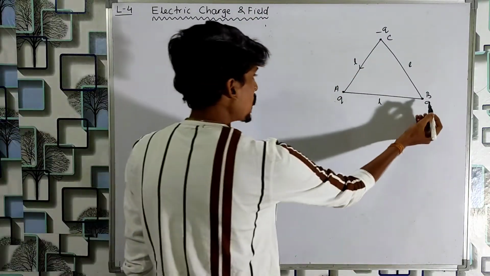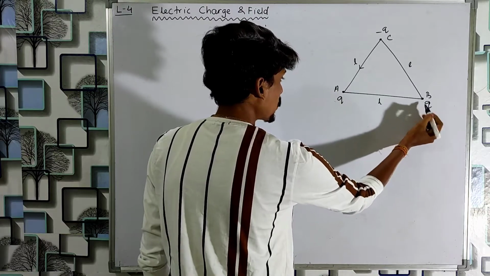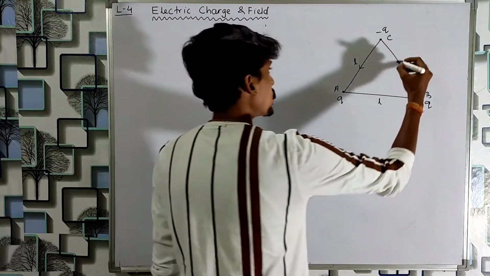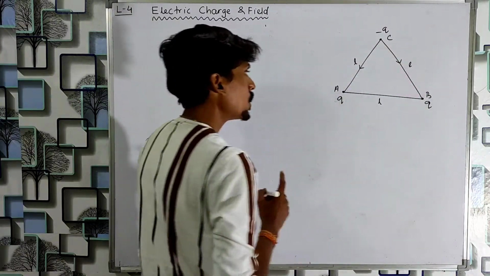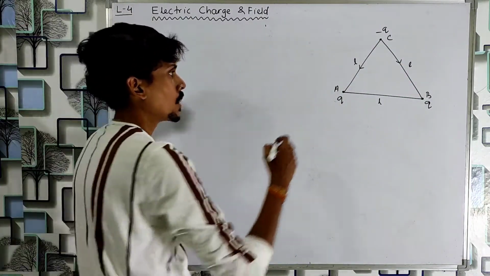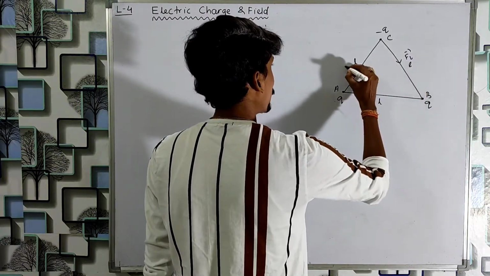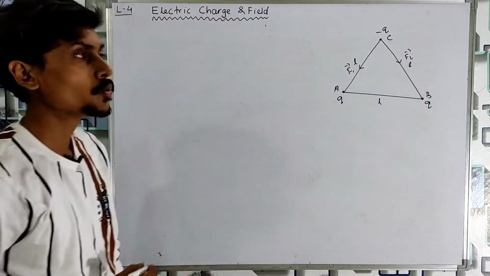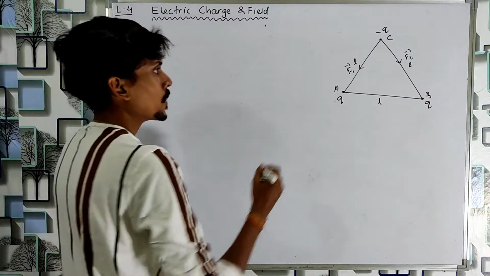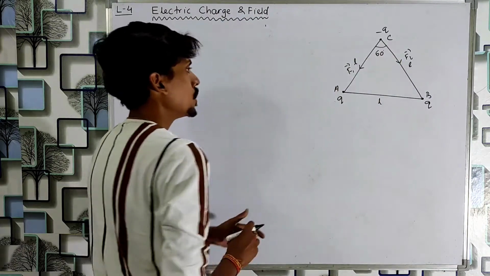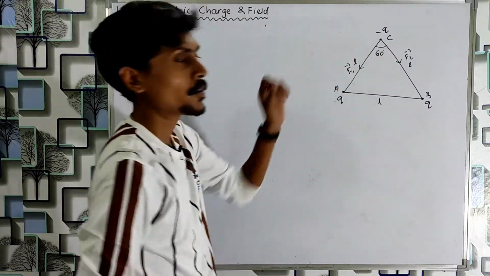Similarly, the charge at B will also attract the negative charge minus Q towards itself. So there are two forces, F1 and F2, and the angle between the two forces is 60 degree because the triangle is an equilateral triangle.